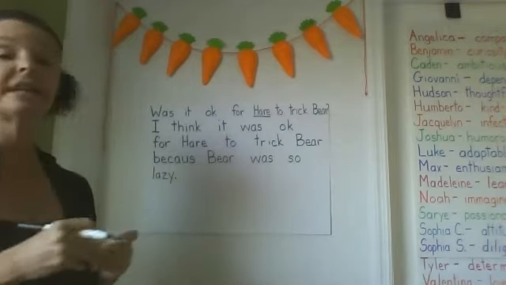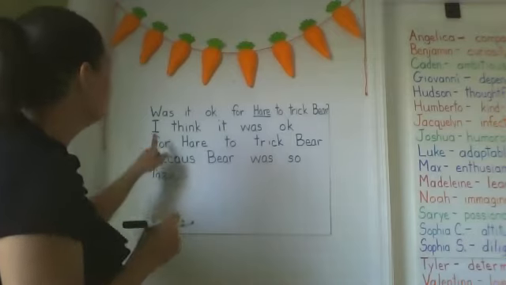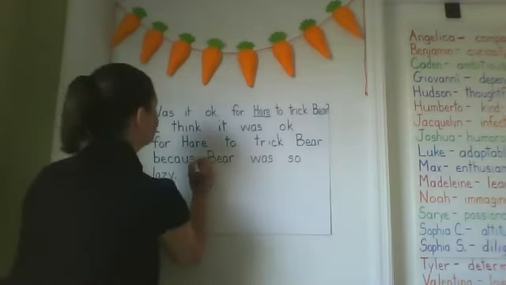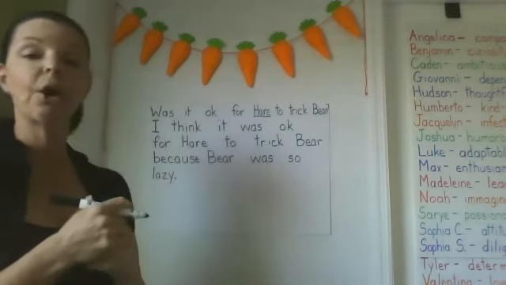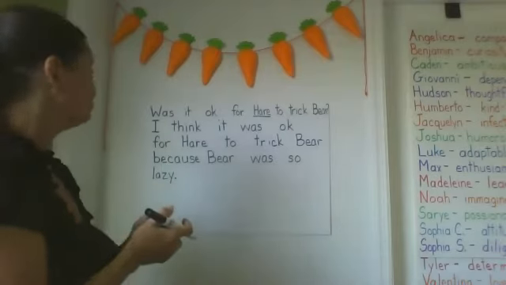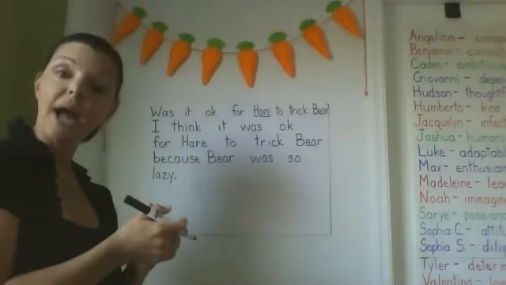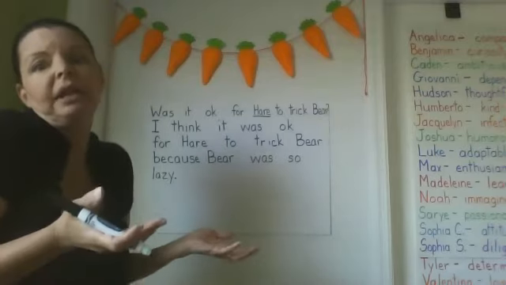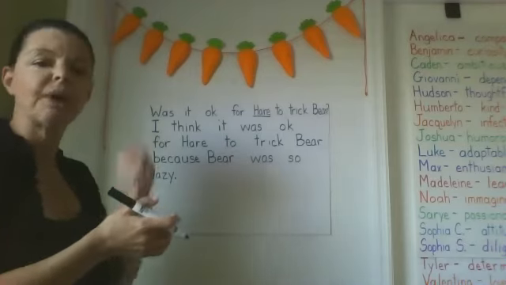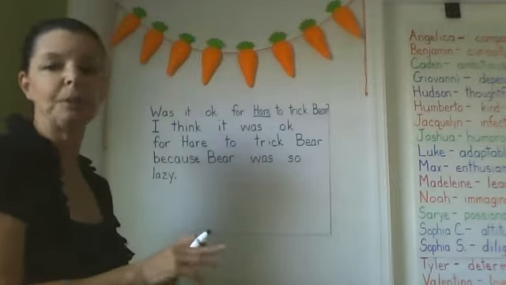Could you go on and extend your writing and explain yourself even more? Oh, absolutely. Definitely. I think it was okay for Hare to trick Bear because Bear was so lazy. And then tell me how you knew he was so lazy. You could say Bear did not get off of the porch to help Hare, right? That's one little way that you could explain it. But yes, definitely you could continue on and you could write me more information. But if you get this much down, I'm going to be a super happy teacher.